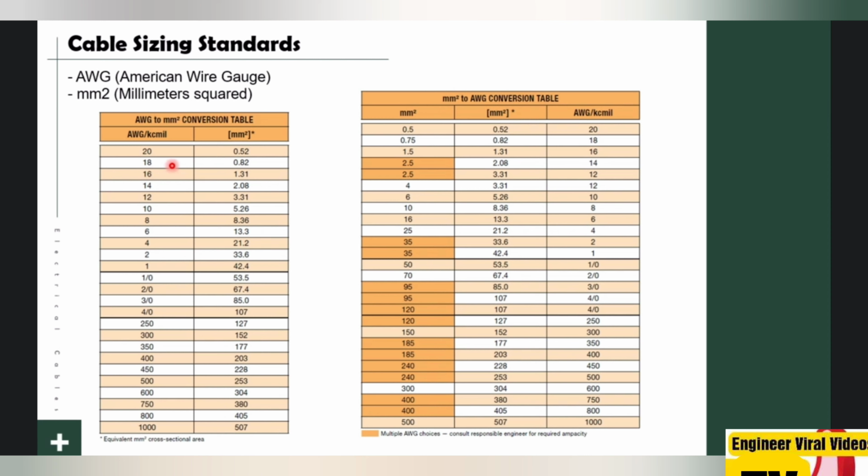For example, if I say this cable is 20 AWG, that means it is 0.52 square millimeter. And also 1 AWG equals 42 square millimeter. Also 4 square millimeter equals 12 AWG, and 10 square millimeter equals 8 AWG.